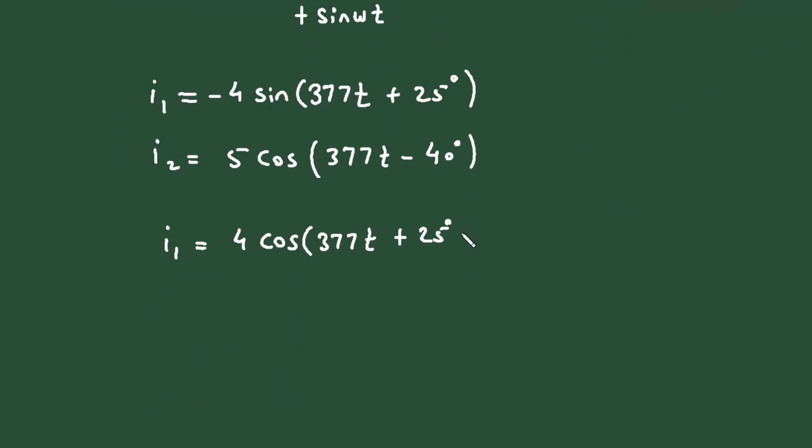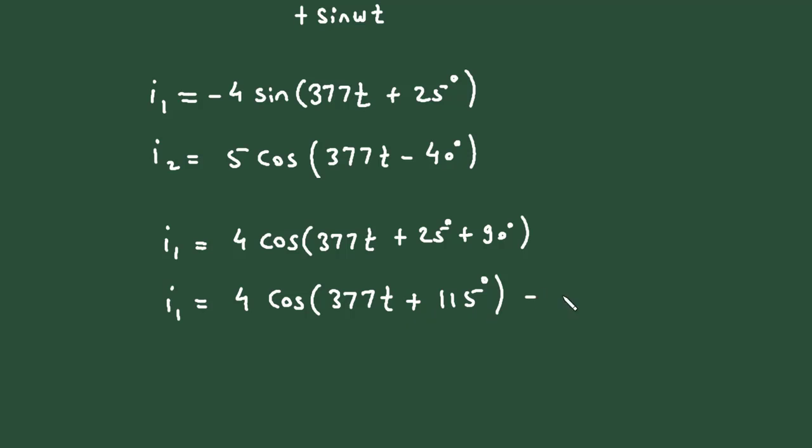So here this will be plus 90 degree. Now let's simplify it. So I1 is equal to 4 cos 377t. This 377 is angular frequency, that is omega. Now this will be plus 115 degree. Let's say this is equation number 1.